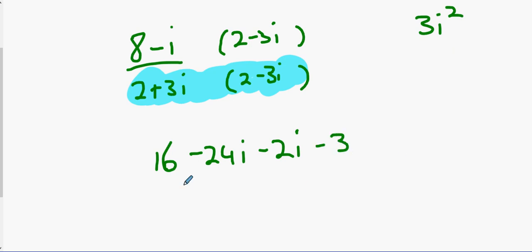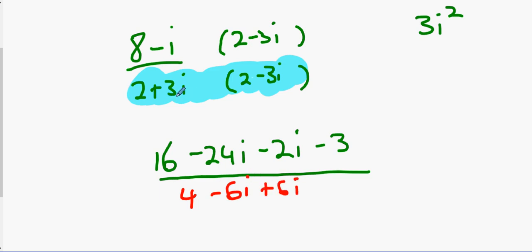On the bottom, 2 times 2, 4. Minus 6i plus 6i. 3i by 3i, minus 9i squared, otherwise known as plus 9, is cool with you.